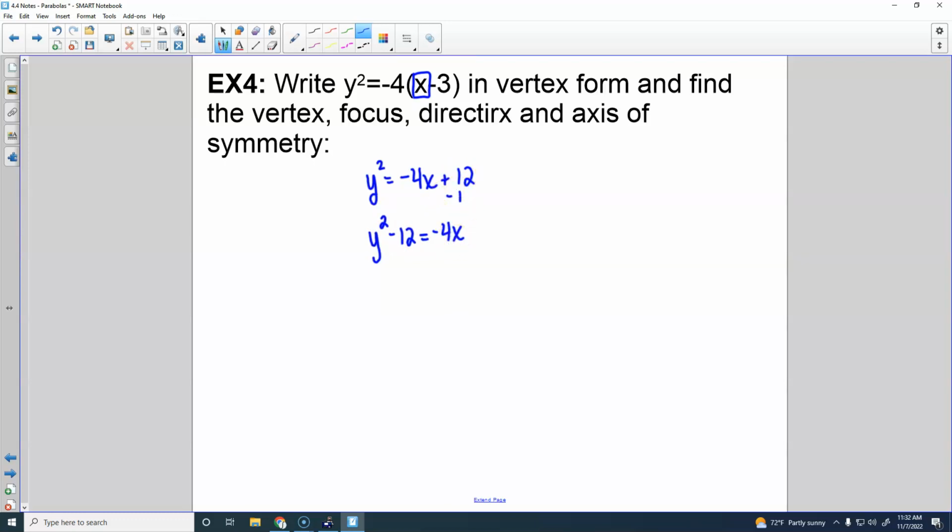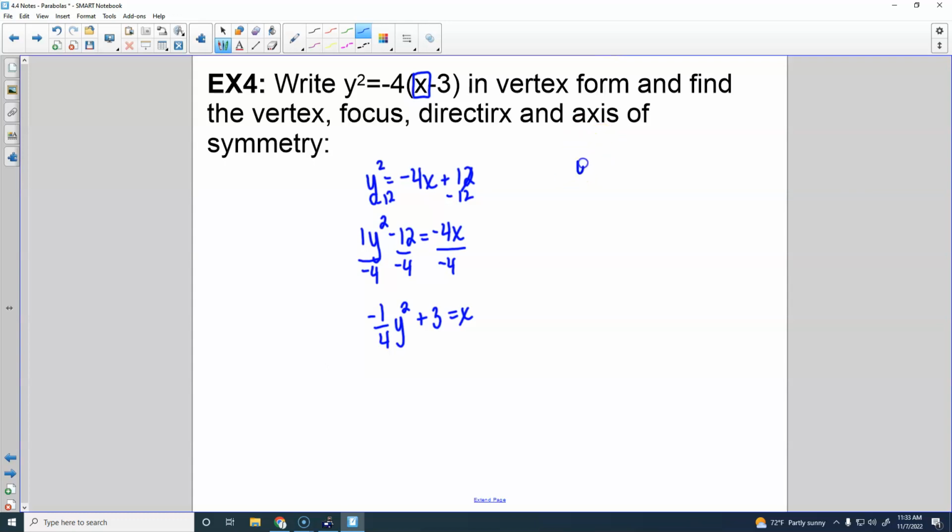Because I would move it to the other side. And then I would divide everything by negative 4. And there's a 1 right there, so I'd have negative 1/4 y squared plus 3 equals x. Okay, so that's one way.